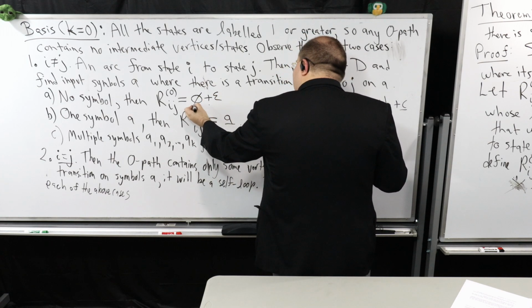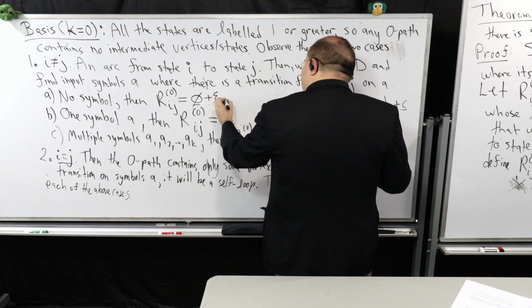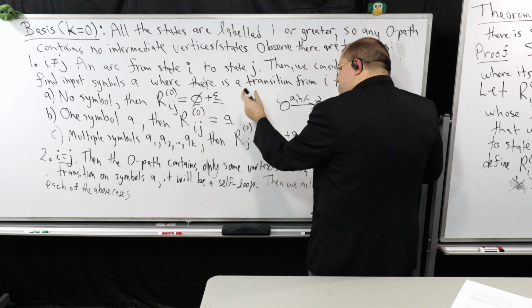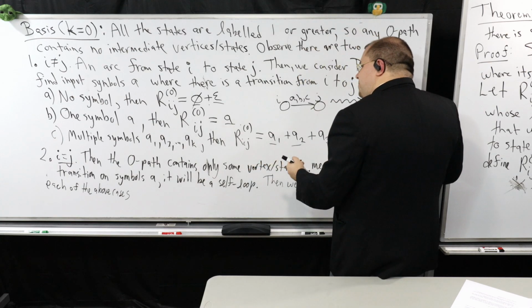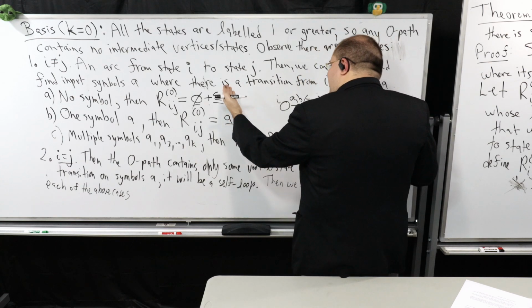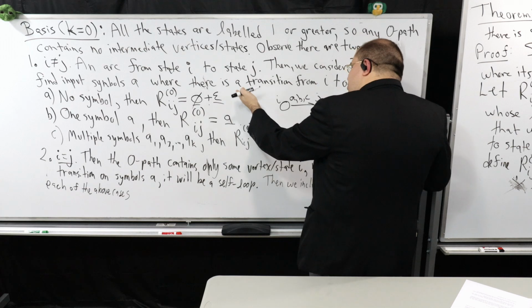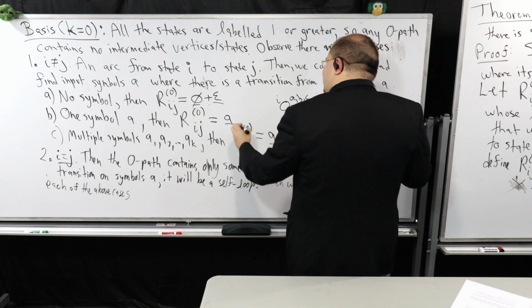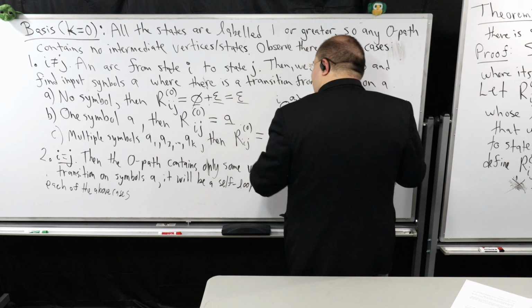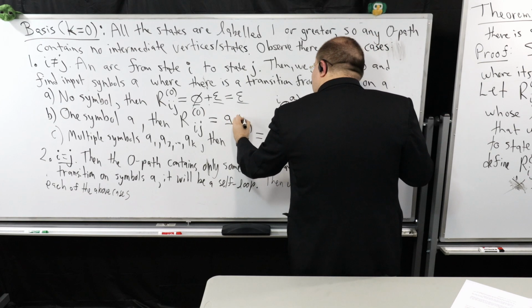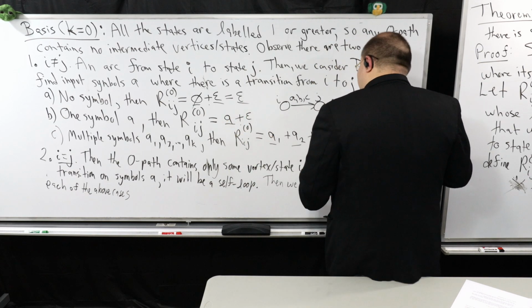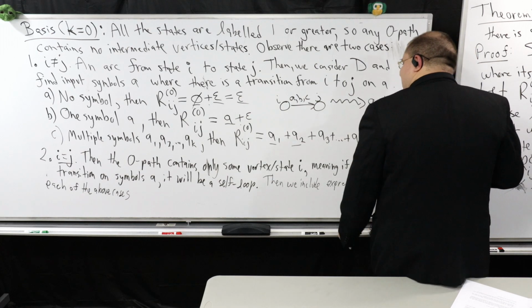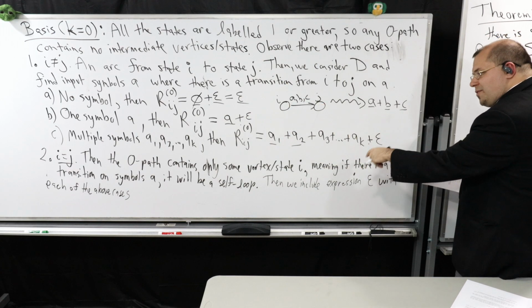It's worth noting that if you have the empty set and epsilon like this, you have to think back to what this means as a language. If I have the empty set, or empty language, union a set containing epsilon, this is of course just epsilon itself. So here I would just have epsilon, and that's what would happen if I have i equal to j.